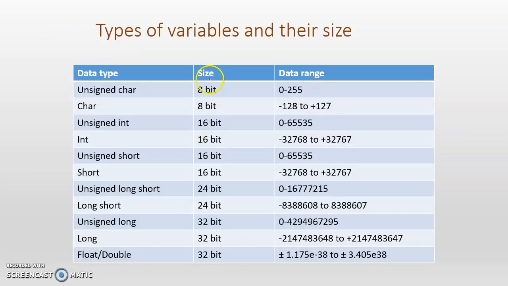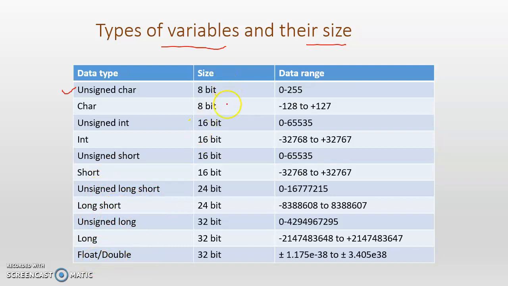Now there are different types of variables and their sizes. For different cases, we can use these different variables. For example, unsigned char, char, unsigned int, int, unsigned short, unsigned long, long, float or double.